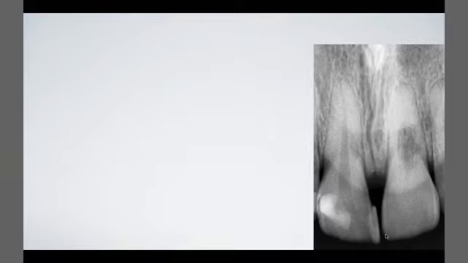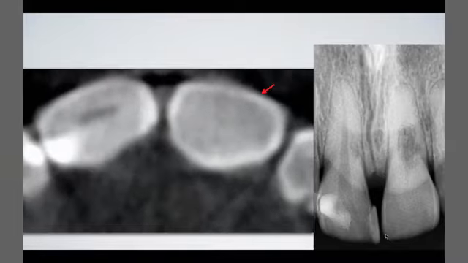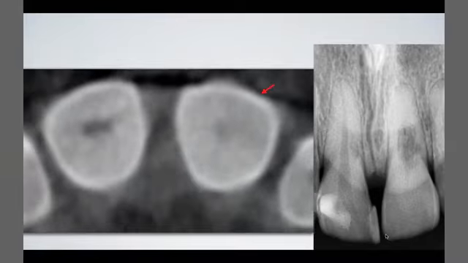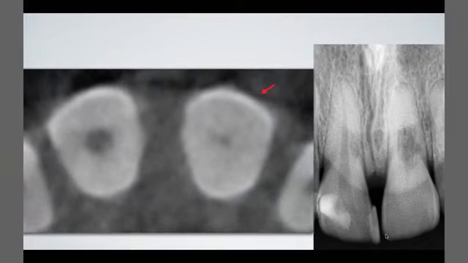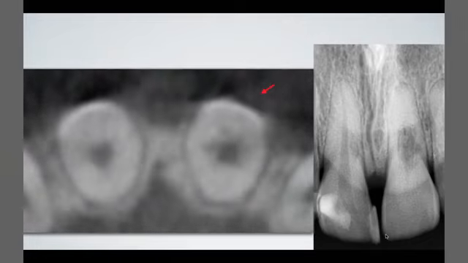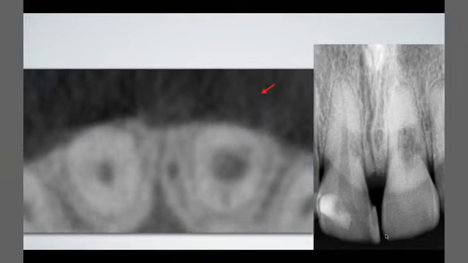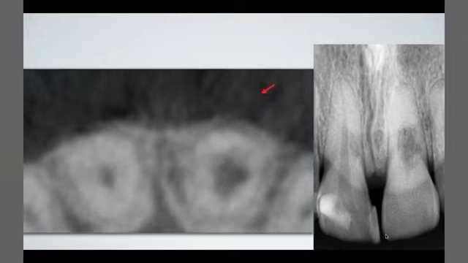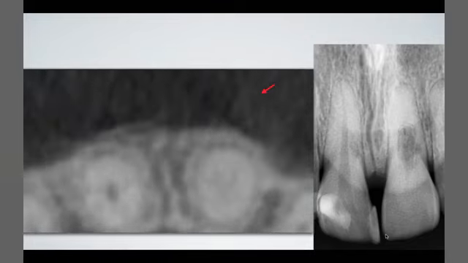Despite that, the patient has no symptoms and has been asymptomatic for many years. But because we have a resorption, and according to the CBCT, you can see clearly the canal starts here at the cemento-enamel junction, and then the internal resorption inside. Hopefully, there is no connection between the resorption and the periodontal ligament or the bone.